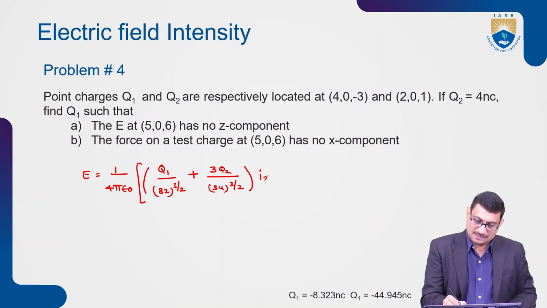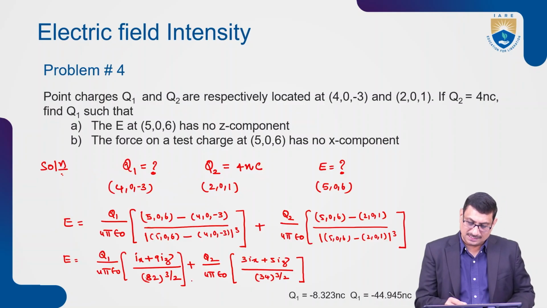This is the Ix component considered in both the cases. So here 3 by 34 whole power 3 by 2 Q2, here it is 1 divided by 82 whole power of 3 by 2.